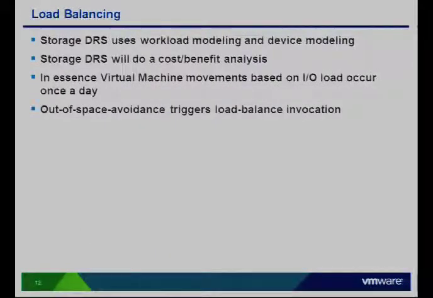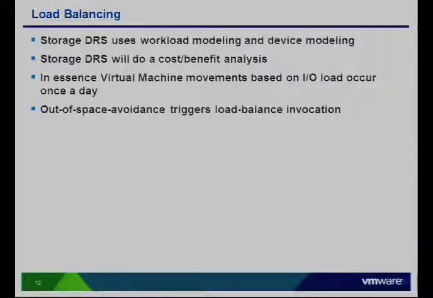Now, when we see that a data store is violating its threshold, it will start to select virtual machines to become candidates for migration. Now, how does Storage DRS pick those virtual machines? It will look at the workload modeling and the device modeling. And workload modeling is the active I/O load of a specific virtual machine. So it will start to look at all the workloads of the virtual machines on the data store.